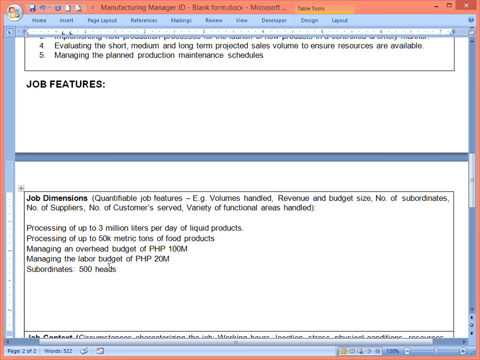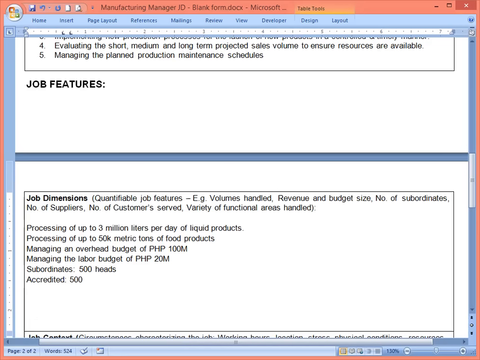That's why we're including subordinates here. Number of suppliers. So we'll include number of suppliers and customers also, right? Not just suppliers, but accredited suppliers, the companies who are regularly selling raw materials to you. Let's say 500 of them.